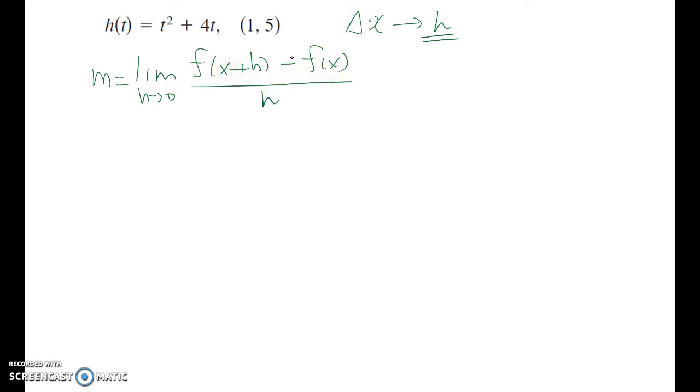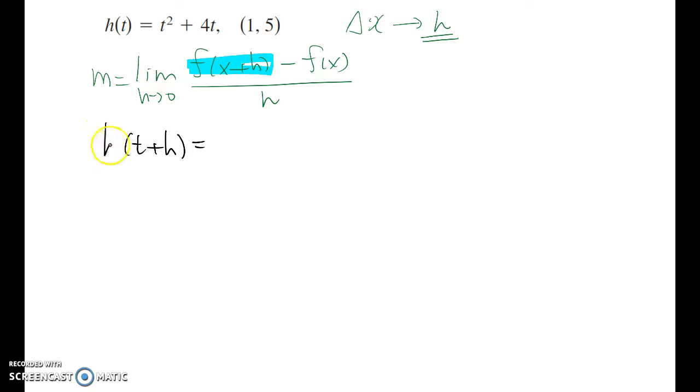So all delta x values are rewritten as h. Good. So first of all, we need to find this value.